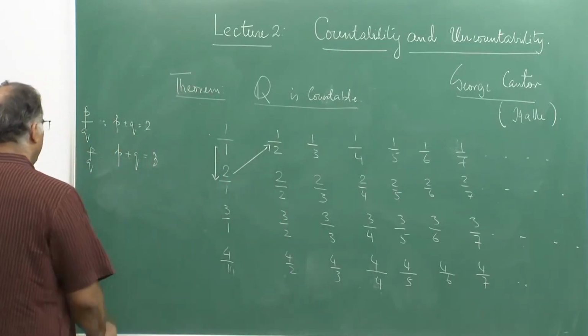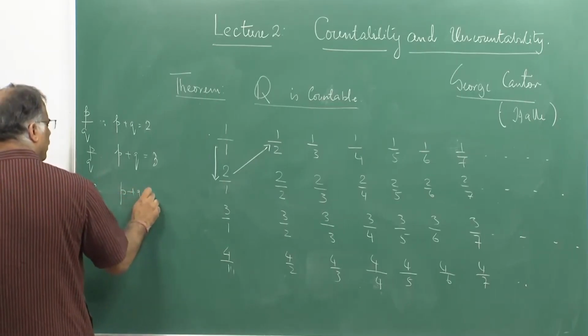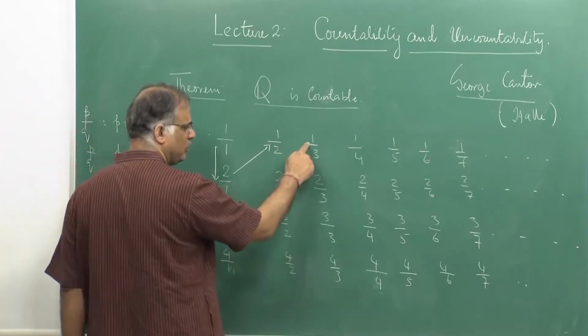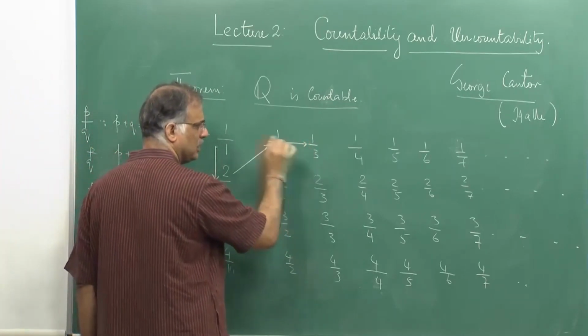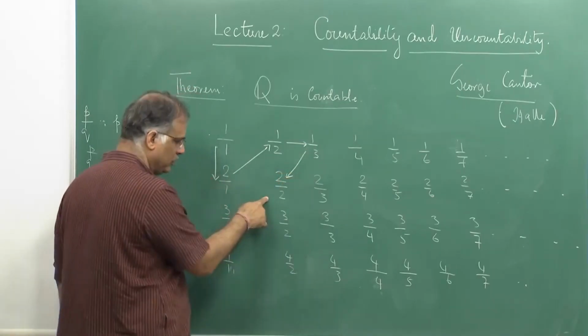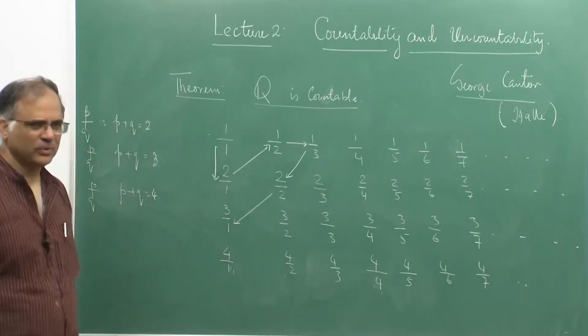Then I have to look for P by Q where P plus Q is equal to 4. This is the way the table is created. So what makes 4? 1 plus 3 makes 4. I go there. Next count. Then I come down. 2 by 2 makes 4. 3 by 1 makes 4 and nothing else makes 4.